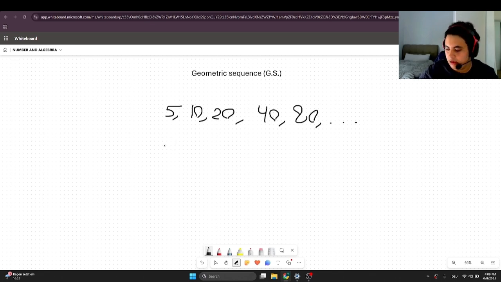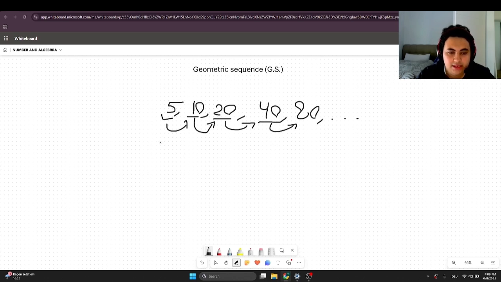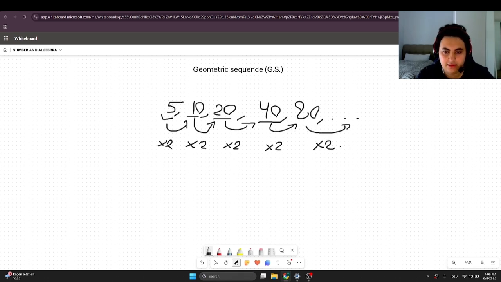From one term to another, what is happening to this term for it to go to 10? What's happening to that term for it to go to 20, 20 to 40, 40 to 80? Here we see that these terms are being multiplied by 2. So we are multiplying by 2 every single time to get the next term. So this one will also be multiplied by 2 to get the next term, and so on.